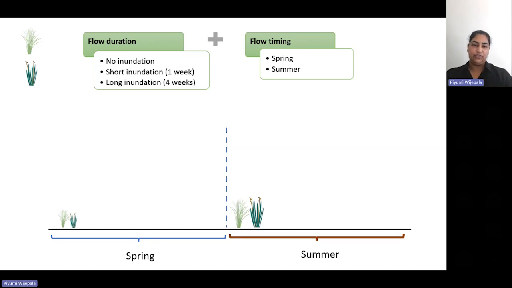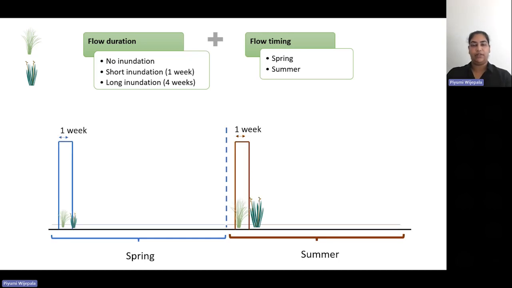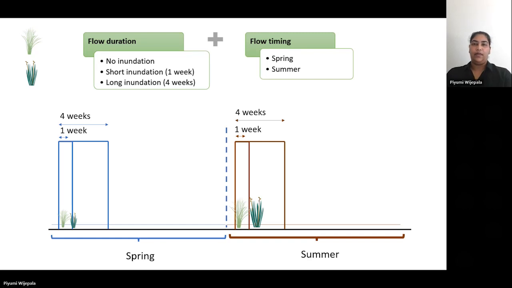At the first stage of spring, plants look smaller, and in the summer they grew a bit. The short inundation fully submerged them for 1 week, and the long inundation fully submerged them for 4 weeks.